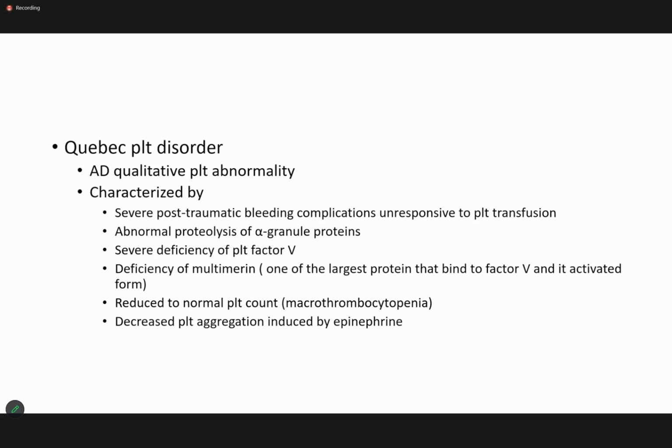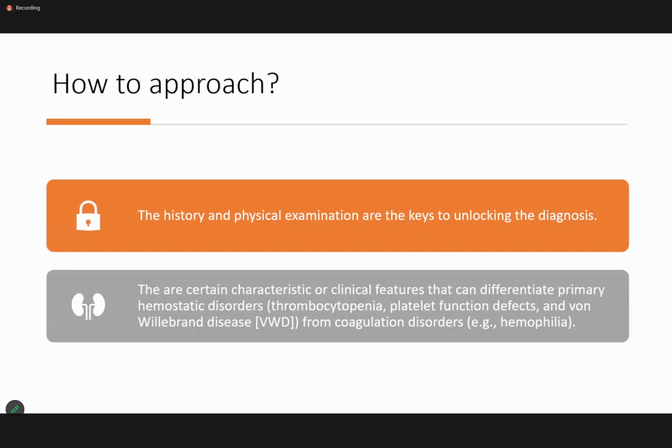Because of that, patients with this disorder can have a very severe deficiency of platelet factor 5. The platelet count may be reduced or normal, and platelet aggregation is decreased with the epinephrine agonist.